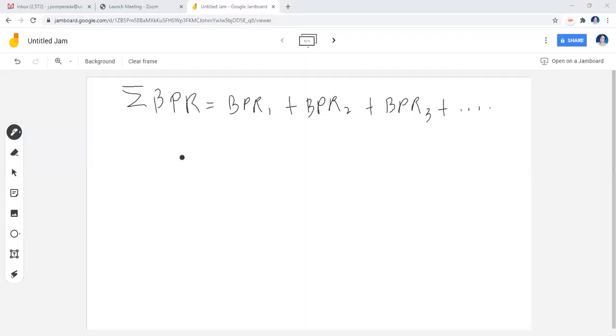Why is there a need for you to initially determine the summation of BPR for your multiple effect evaporation system?